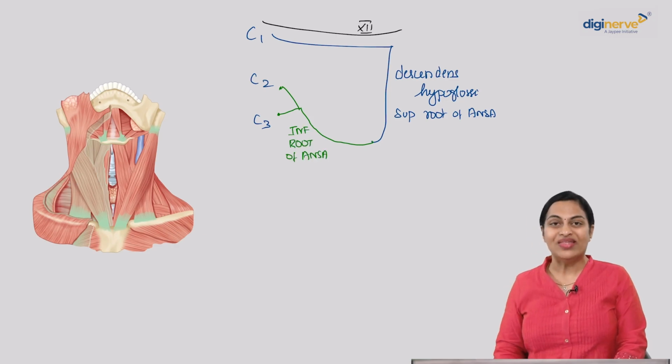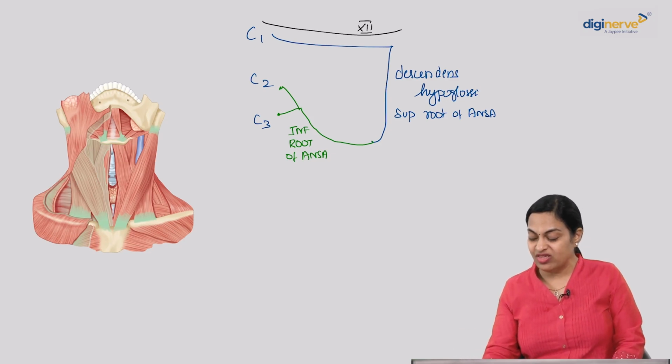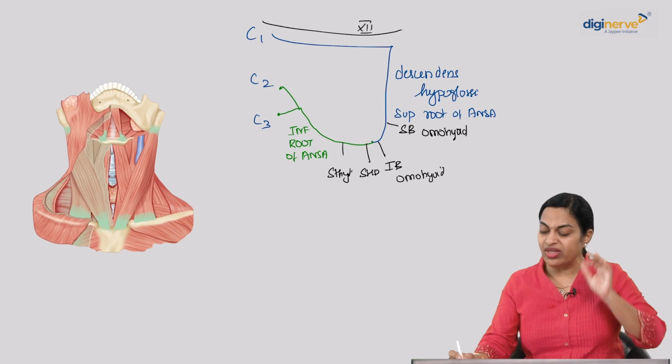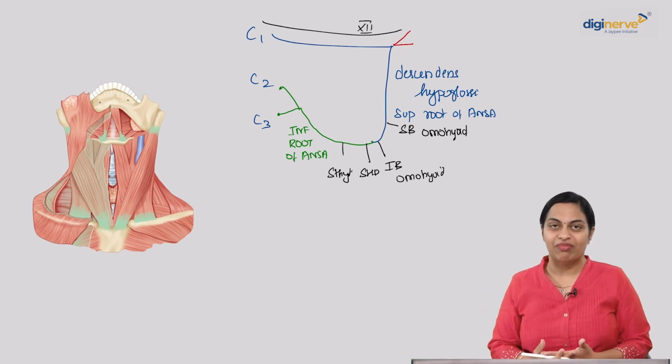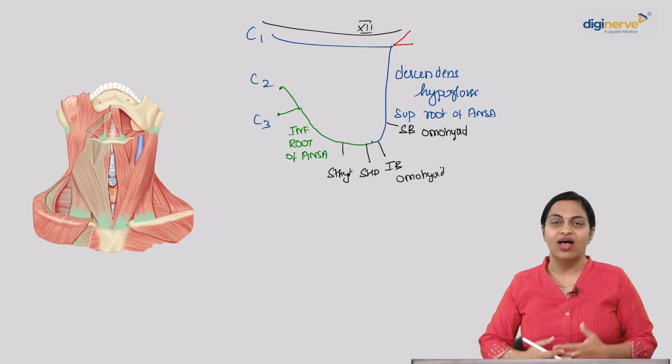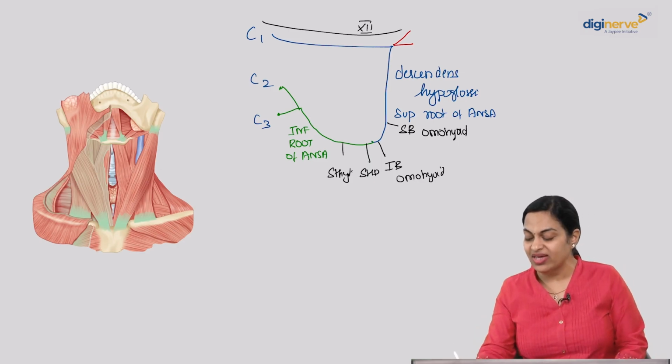Okay, from the nerve loop, we get branches that supply the inferior belly of omohyoid, sternohyoid, and sternothyroid. From the superior root, branches go to supply the superior belly of omohyoid. And coming to the important part, the ventral rami of C1 fibers, without forming the ansa, exclusively supply the thyrohyoid and geniohyoid.